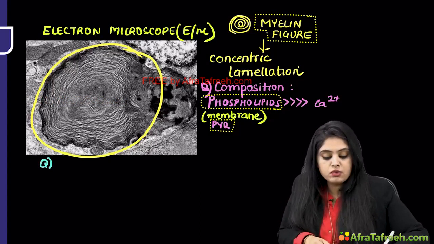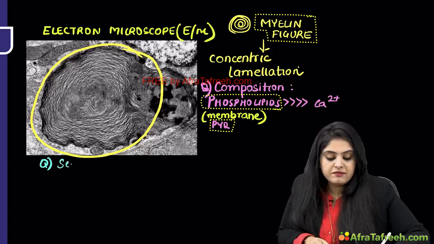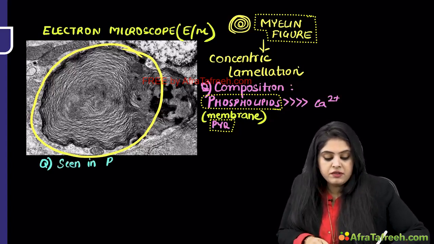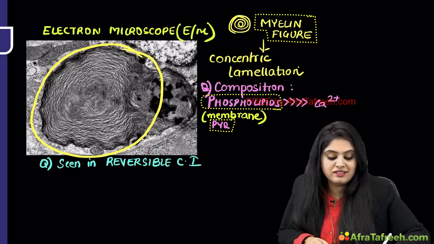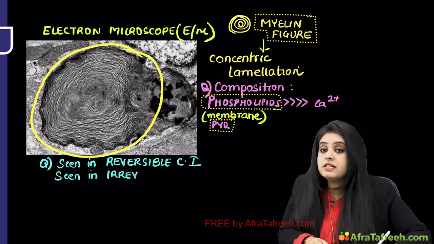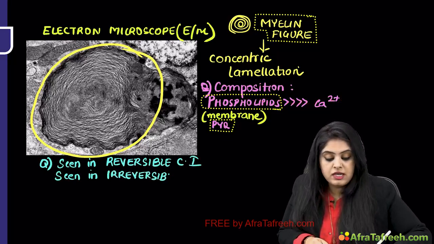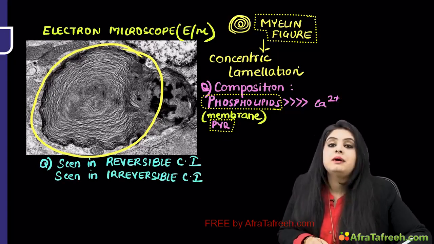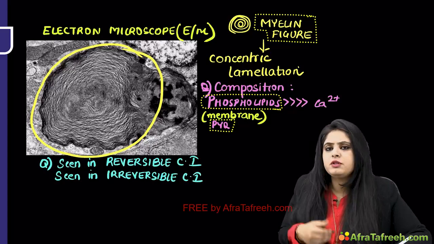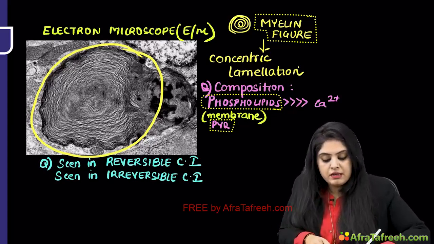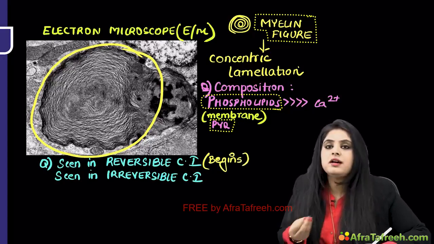Okay, the next thing, which injury am I talking about? That is question number 2 that you have. So obviously, myelin figures are seen in reversible cell injury. But next they will ask you, are they also seen in irreversible cell injury? Your answer is yes. Please remember, as I go forward and teach you irreversible cell injury, I will also teach you myelin figures once again. So what's the difference between reversible and irreversible? Remember, in reversible cell injury, myelin figure formation just starts.